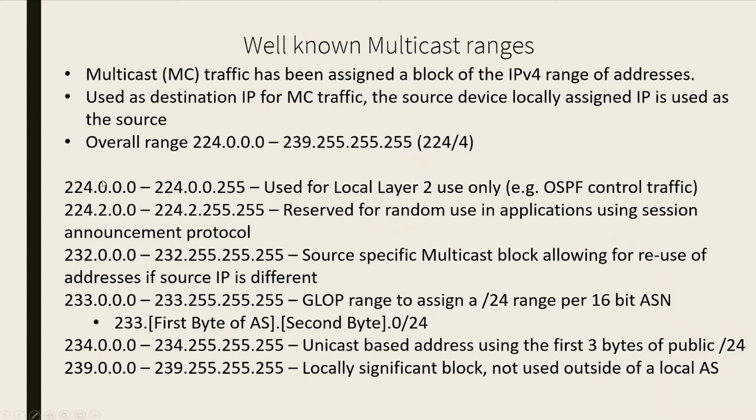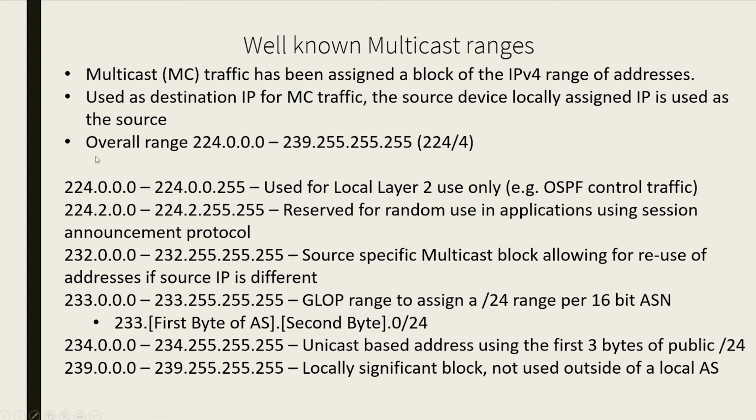So if you try and assign one of these addresses to your Windows machine, for example, on your normal Wi-Fi or your Ethernet connector, then that's not going to work. It's going to give you a little error that says this is an invalid address or something along those lines. It's going to look valid, sure, but it's going to be an invalid address because it knows in the background that this specific range of addresses, this 224/4 range, is reserved.